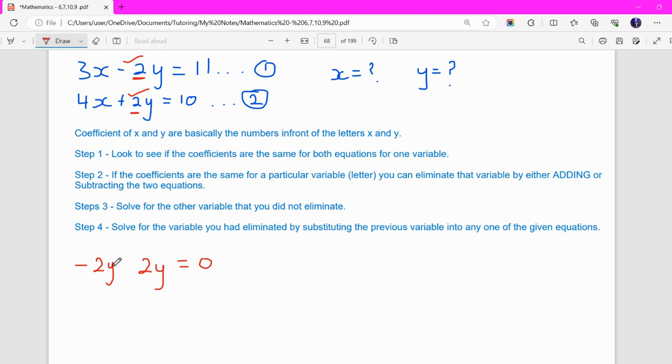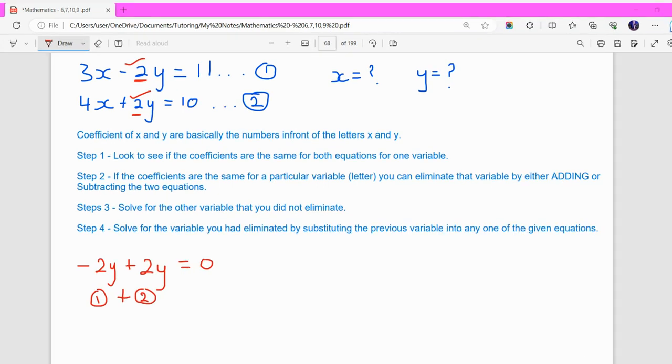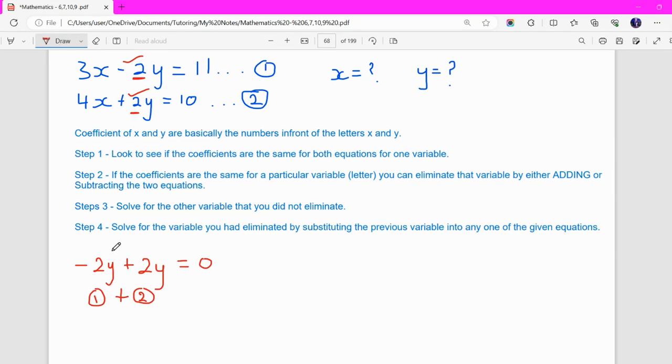But if we say negative 2y plus 2y, we will get 0. So if we add equation 1 and equation 2, we will cancel off the y term. Simple, right?